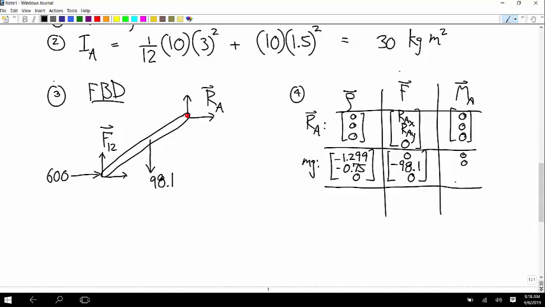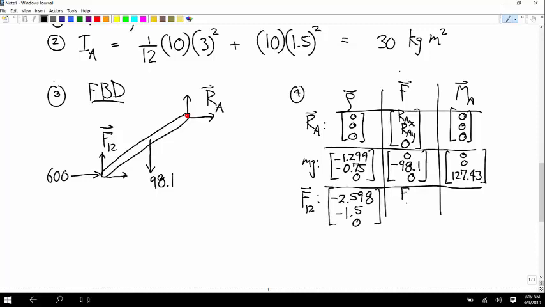Zero, zero, 175 point, what, 127.5? 127.43 positive. And then the force F12, the rho vector is twice this. So 2.598 and negative 1.50.